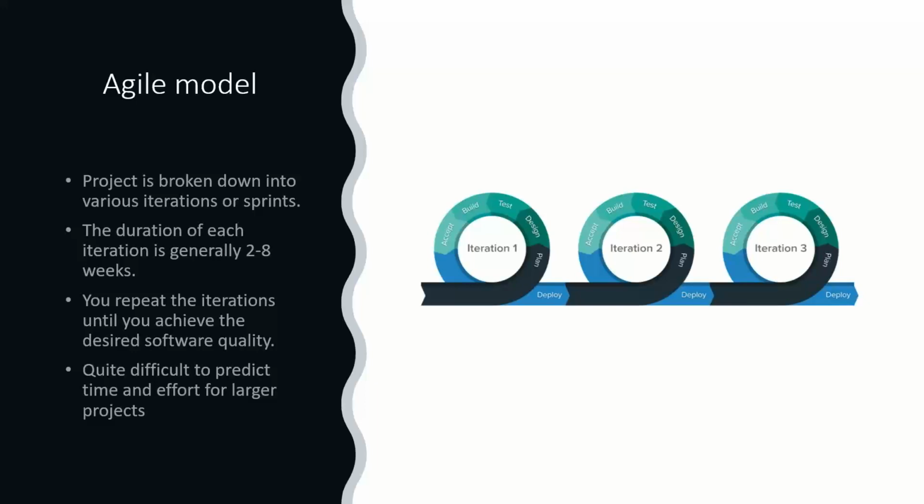Again, we'll have some drawbacks with the agile model as well. It is very difficult to predict time. You plan it in a sprint model, right? You dedicate some two weeks or three weeks, or 20 days or 25 days for sprint one, then sprint two, then sprint three. It goes on and on.